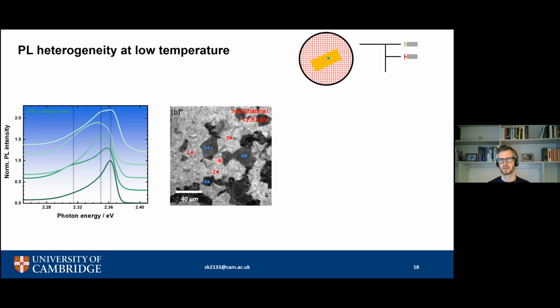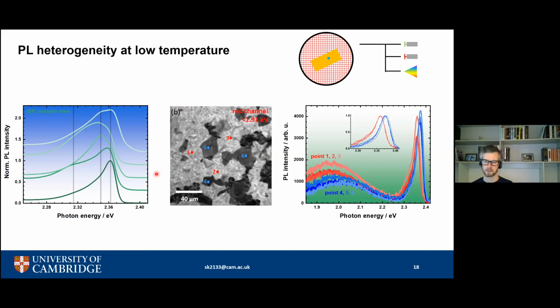And actually, it's not just the areas, it's distinct grains. So you have a type of grain that I labeled with 4, 5, 6 here that are dark in the broad emission region, and then there are a lot more grains that seem to be bright in the broad emission range. And we can actually go to distinct spots here and take the spectra again.